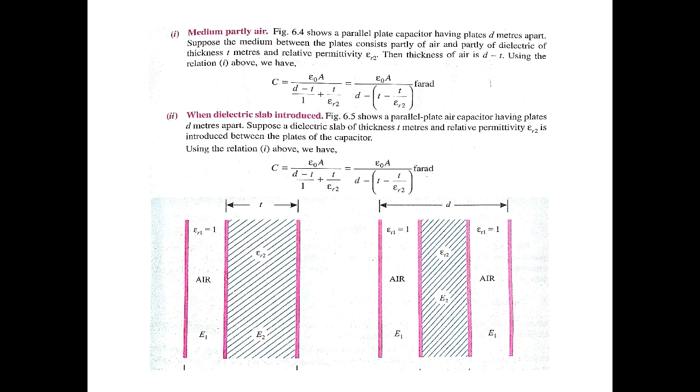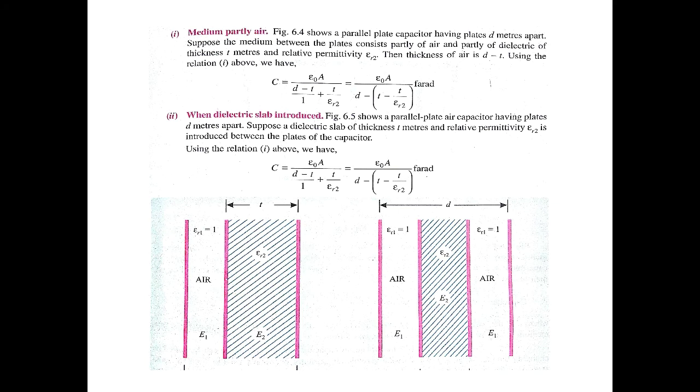So now we are coming to that. When two charged plates are there, in that some part has a dielectric material of thickness T, and the other part is air medium. Now what is the capacitance value? Capacitance equals epsilon naught A by, the thickness of the dielectric material is T, so T by its relative permittivity epsilon r2.